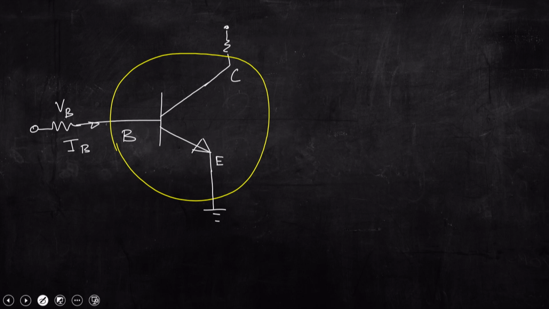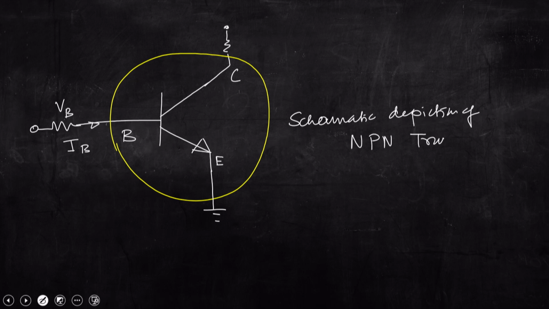So, this is basically the schematic depiction of an NPN type transistor, right. You can see this is the base, then emitter, then collector.